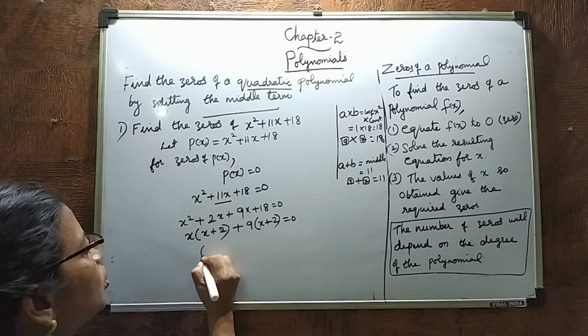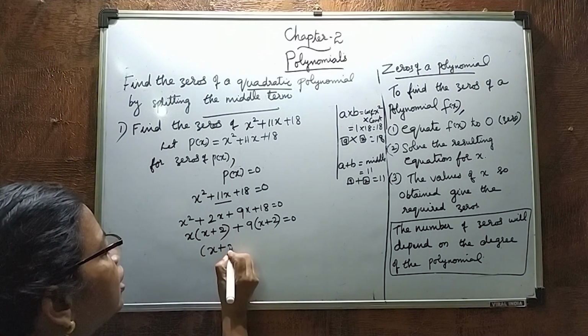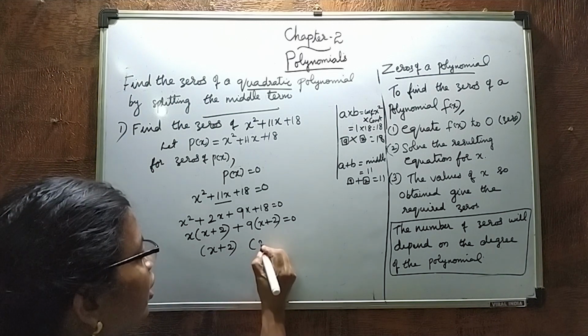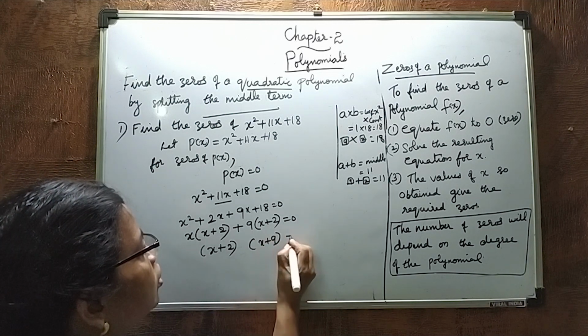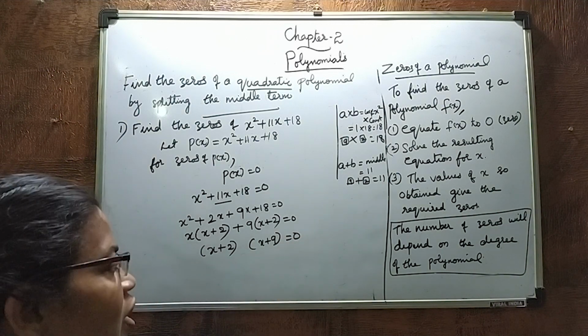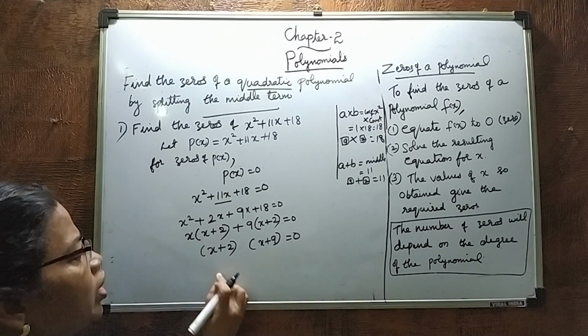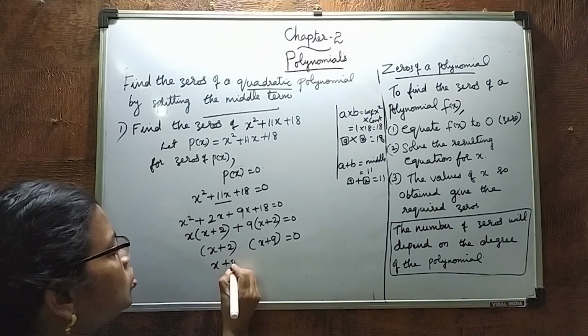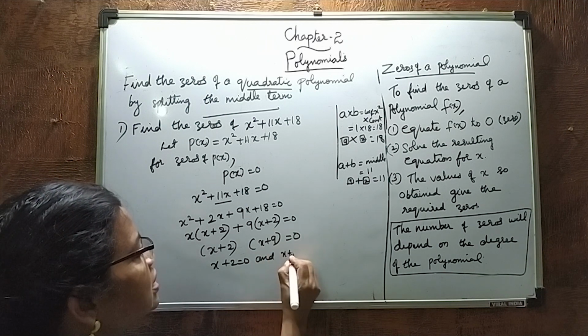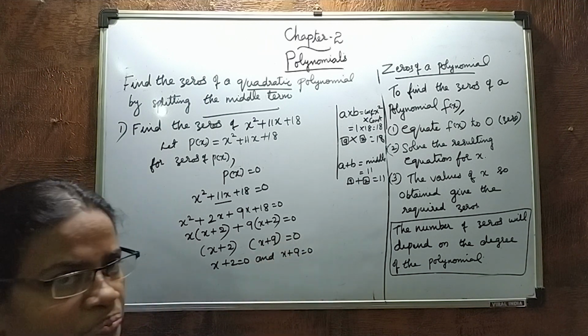So what you have to do is take the common again: x plus 2 is common. Take the balance now, x plus 9 equal to 0. We want the zeros, so we will take each one: x plus 2 equal to 0 and x plus 9 equal to 0.